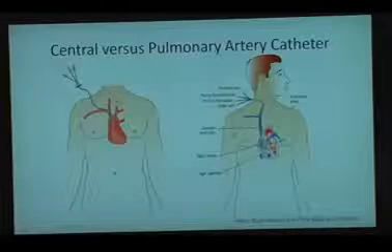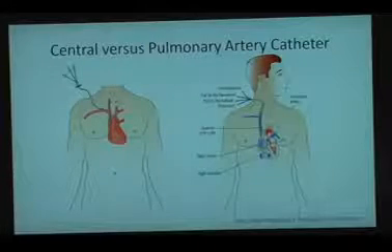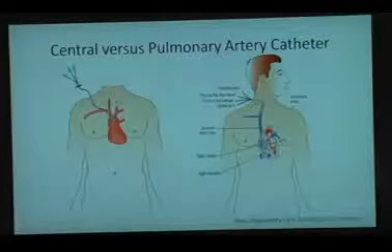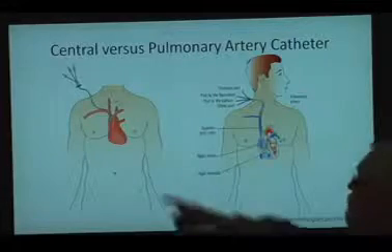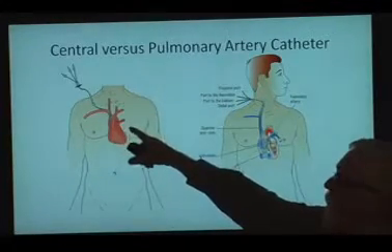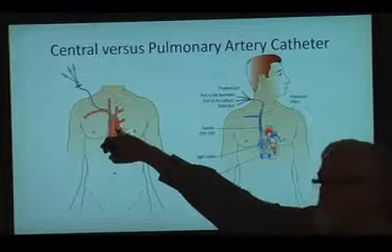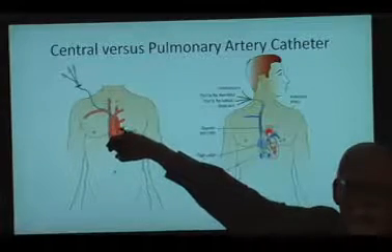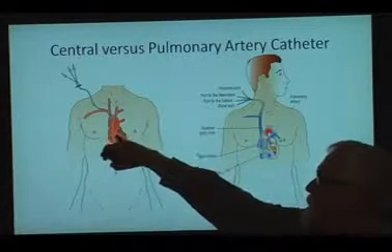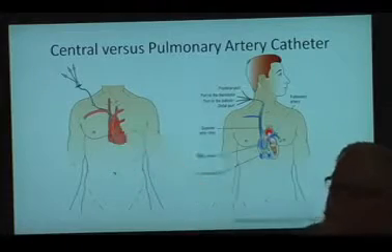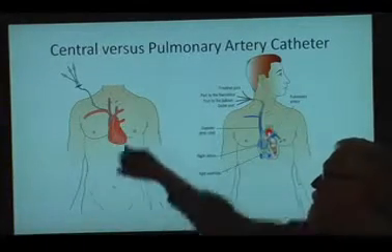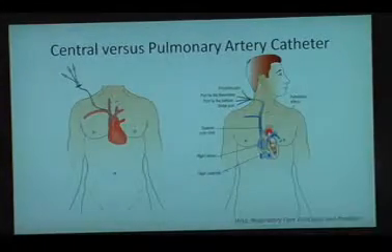So clinically, these things can be measured primarily with a pulmonary artery catheter. The central venous catheter that many of our critically ill patients have essentially just measures right atrial pressure. So it's just measuring the pressure entering into the right ventricle and into the pulmonary circulation.